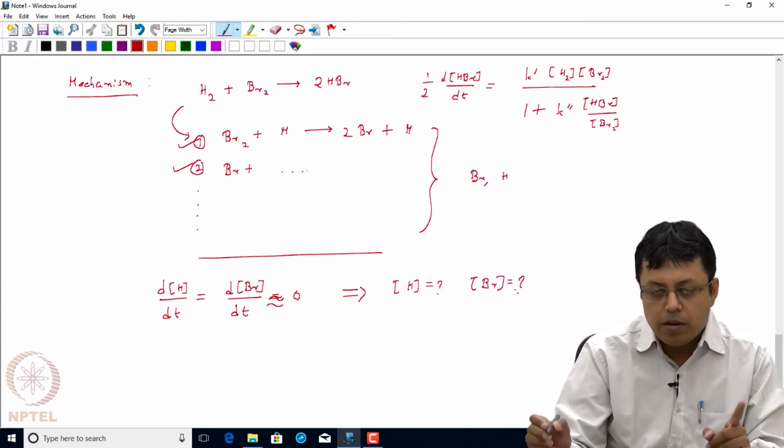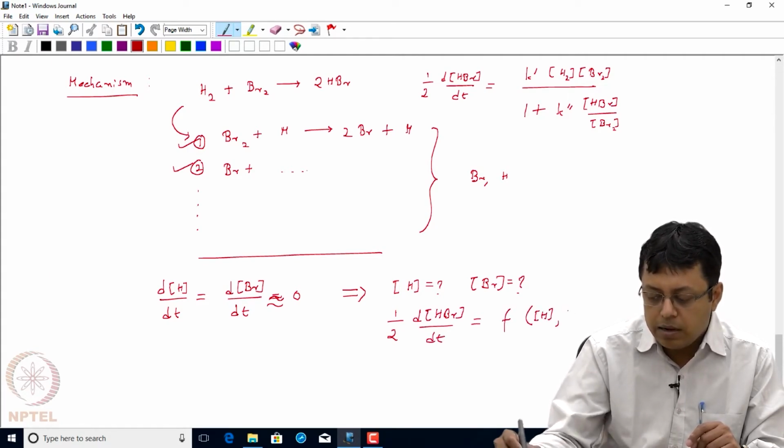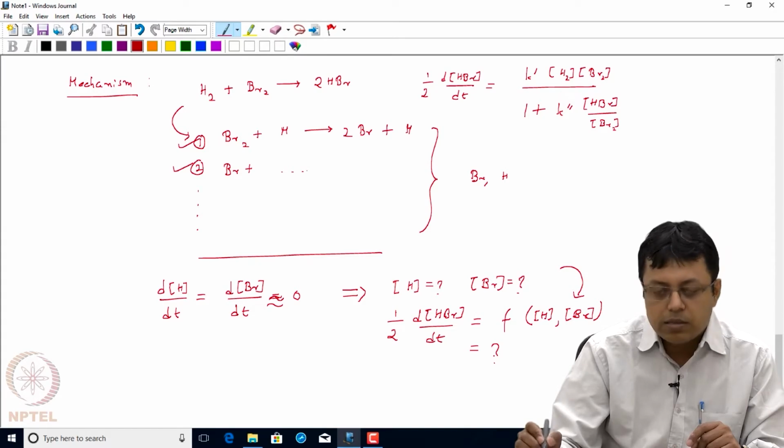Then we find out the rate law, which is half d[H]/dt, and we write it as a function of hydrogen radical and bromine radical concentration, and from these values we incorporate them here to find the final expression.